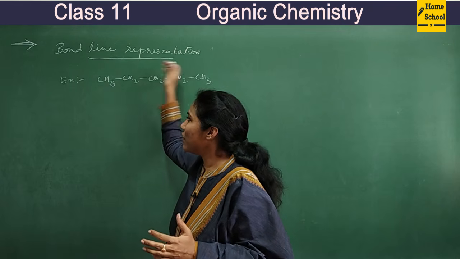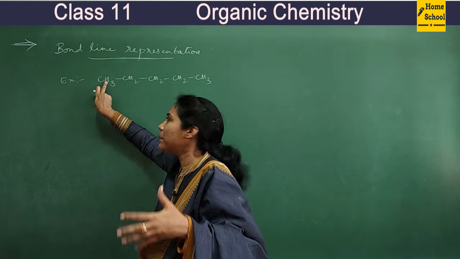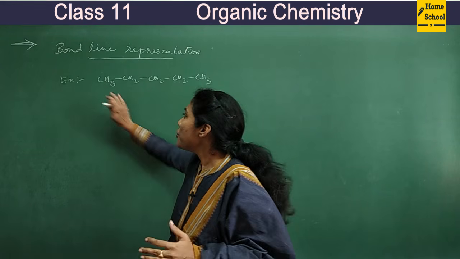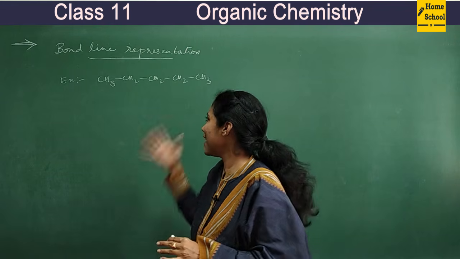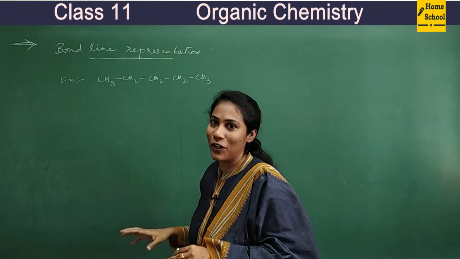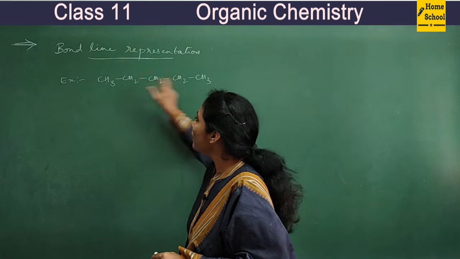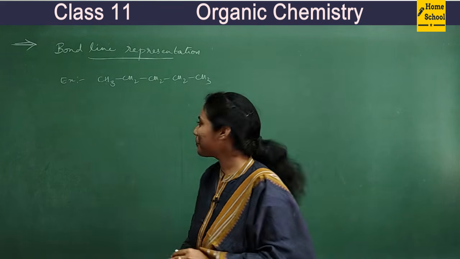I have just written it. So you can imagine there are 3 hydrogens on this carbon, so 3 bonds around this carbon with hydrogen. I didn't expand them. I can call this a half condensed formula. Only the bonds between carbons I have mentioned, not the bonds between carbon and hydrogen.